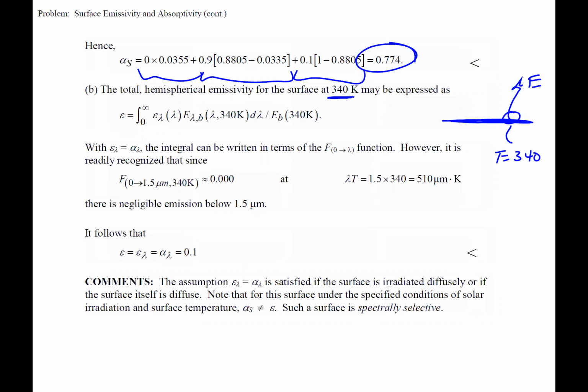The irradiation being absorbed from the sun has its source at 5,800 Kelvin. So that's why we use 5,800 Kelvin there, and here we're using 340.